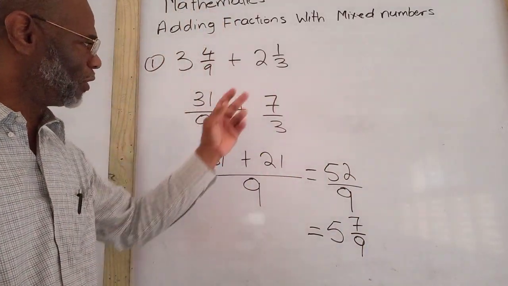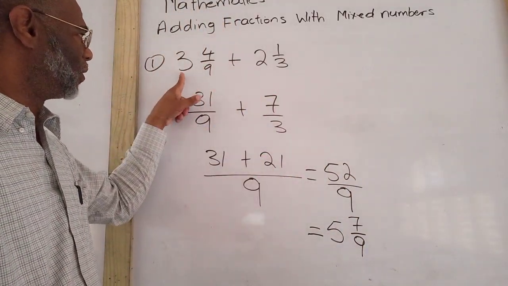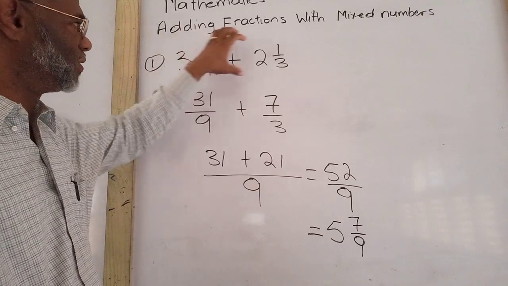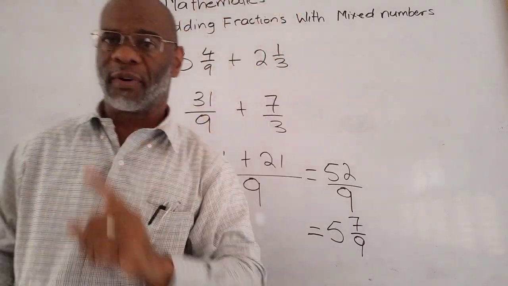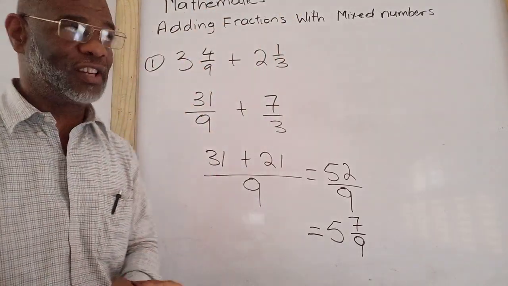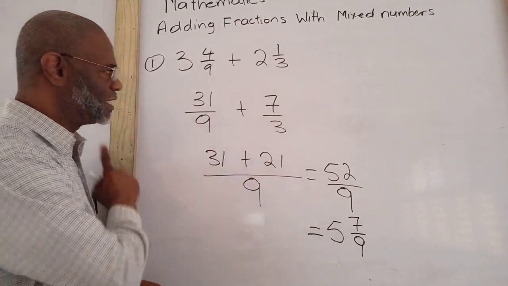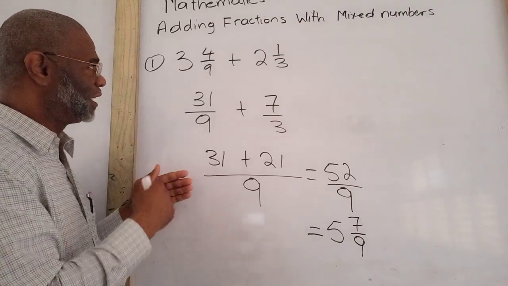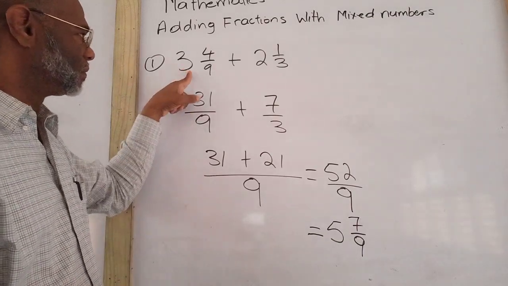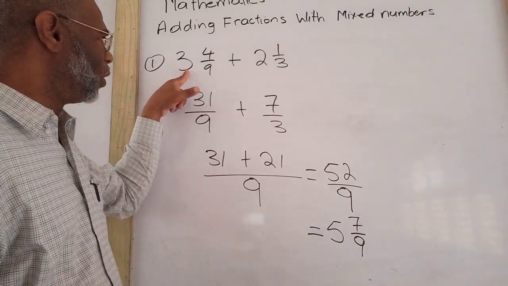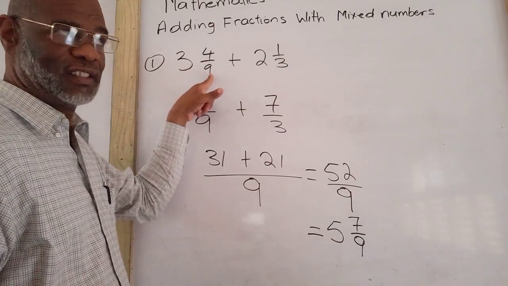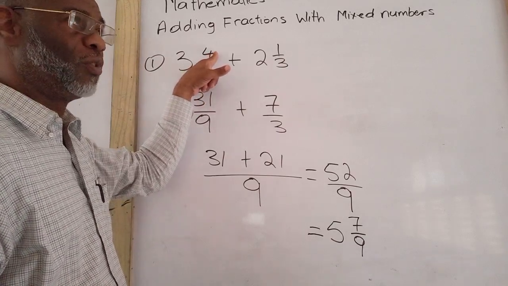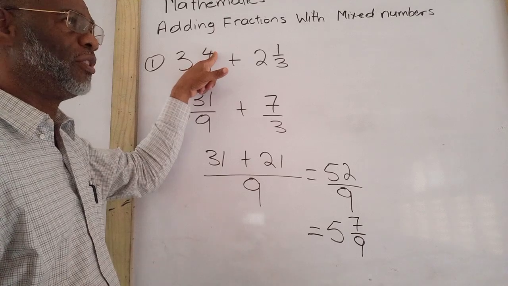So let's just run through this again. First thing we're going to do is change these fractions to improper fractions, right? An improper fraction is where the numerator is bigger than the denominator. To do that, we multiply the whole number by the denominator, and we add whatever the numerator is.